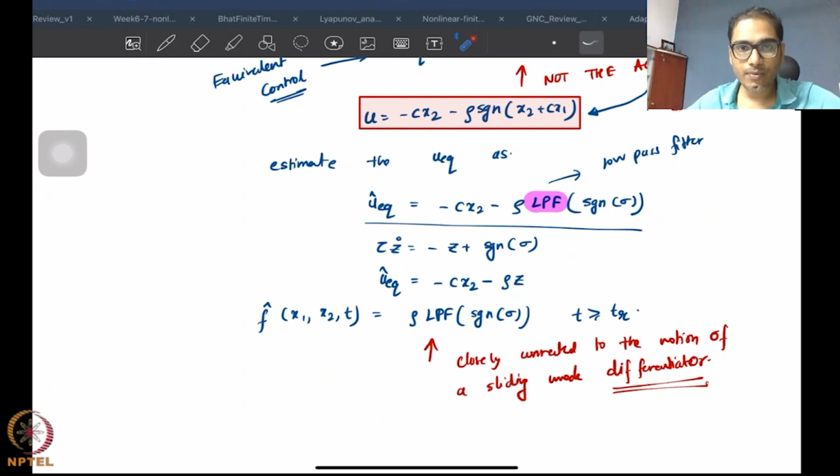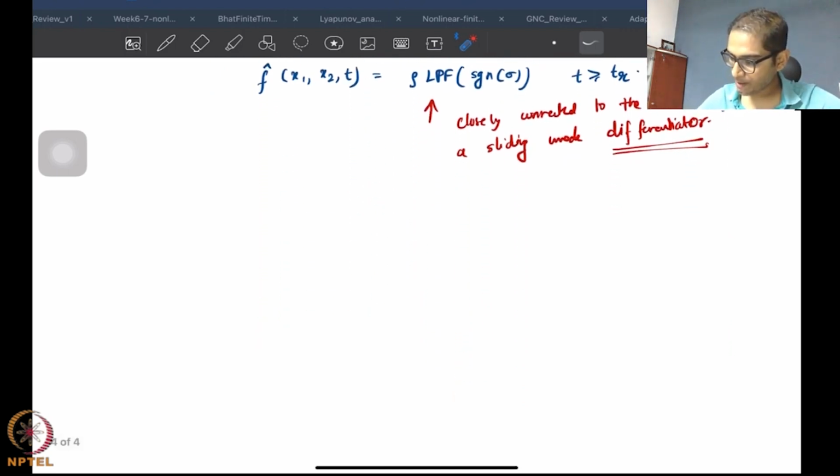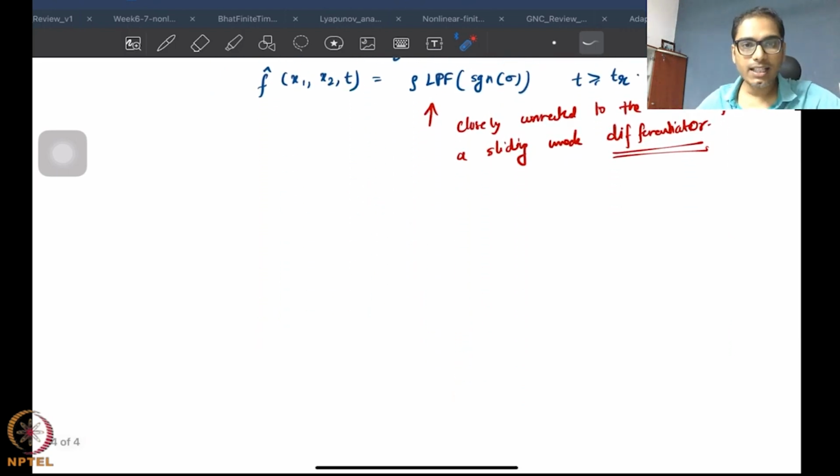And that's great, because that is what we will use in trying to look at the notion of a super twisting control. Because until now you have seen that the chattering is not still completely gone.